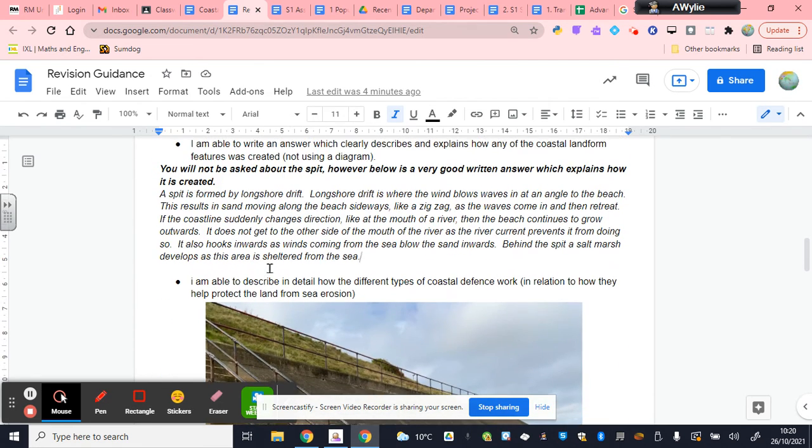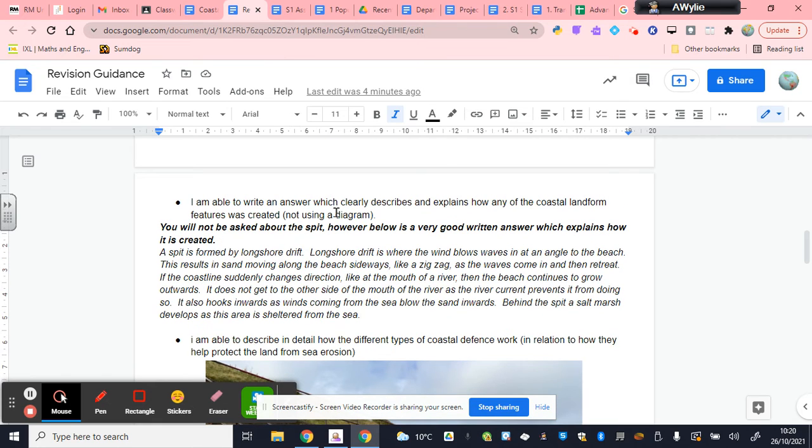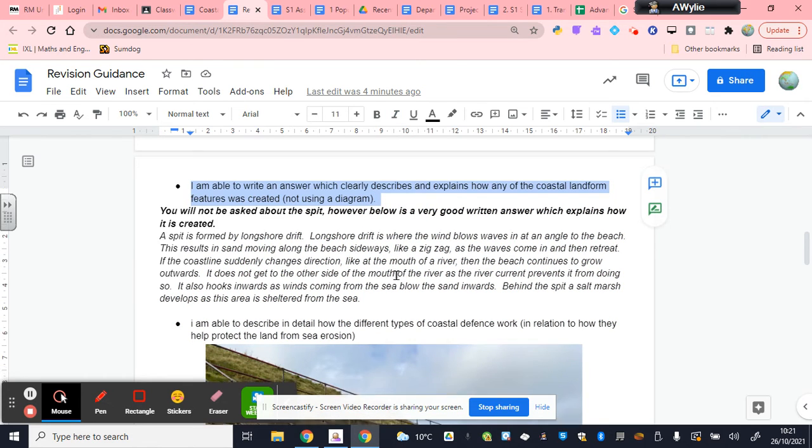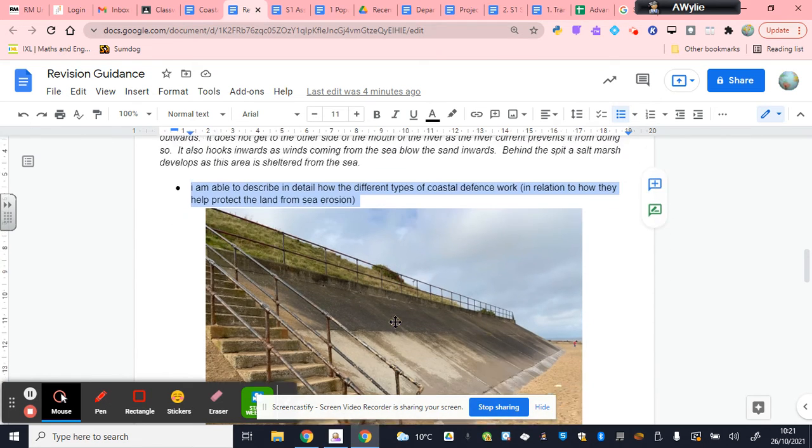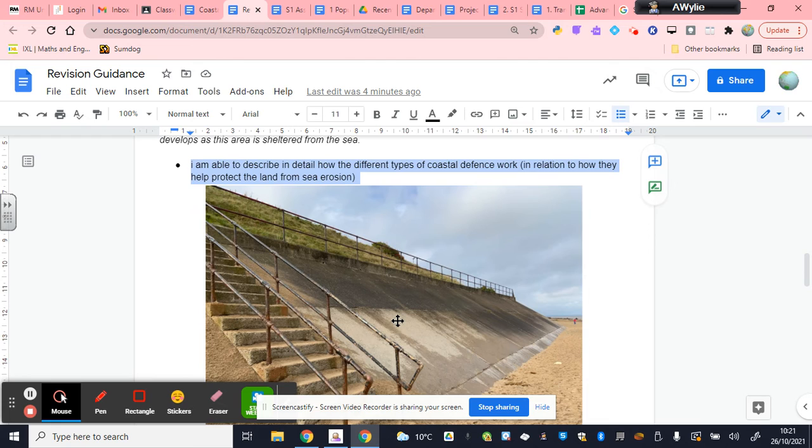Okay. The fourth learning outcome is linked to this one here, that you can describe in detail how the different coastal defences work. Okay, how do they actually protect the land from sea erosion?